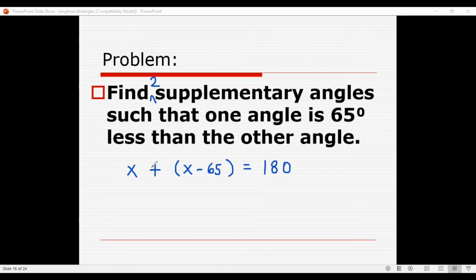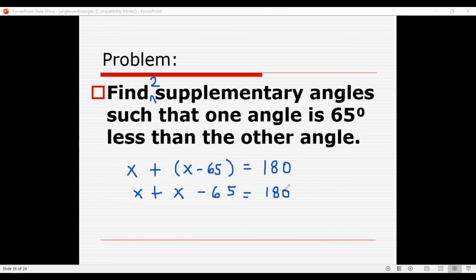It is very important that we are able to analyze and translate the problem into a mathematical statement. So let's first remove the parentheses. We will now have x plus x minus 65, equivalent to 180.